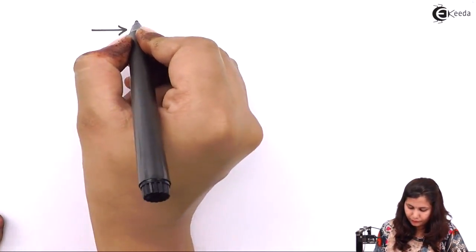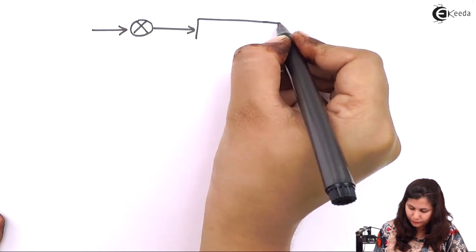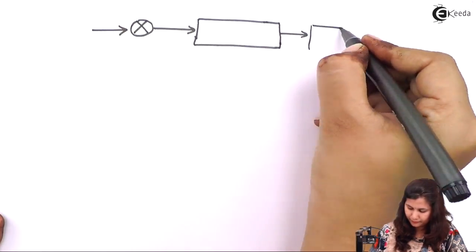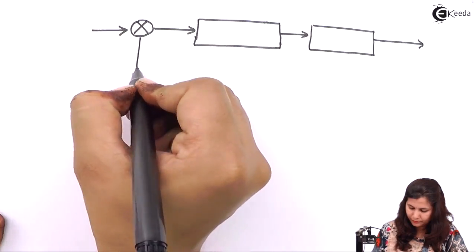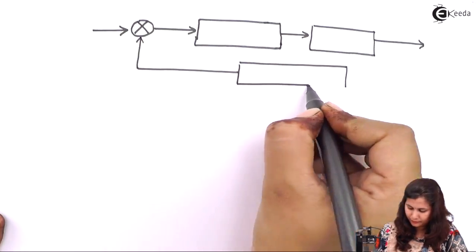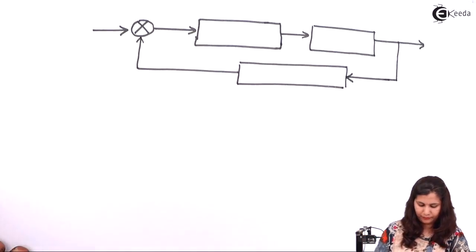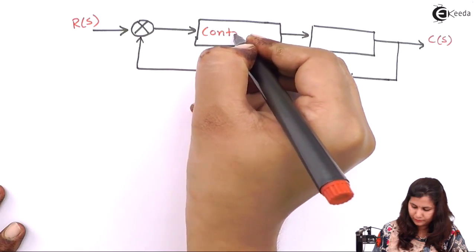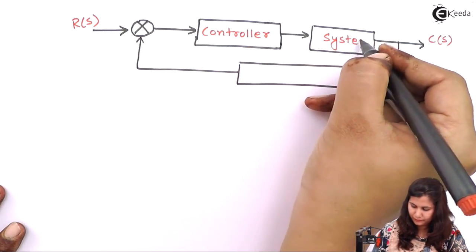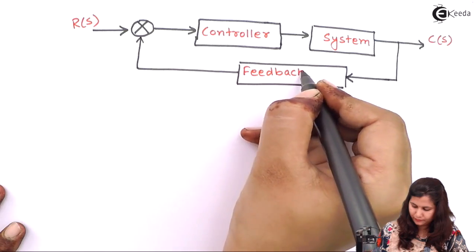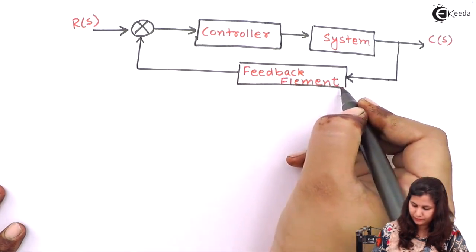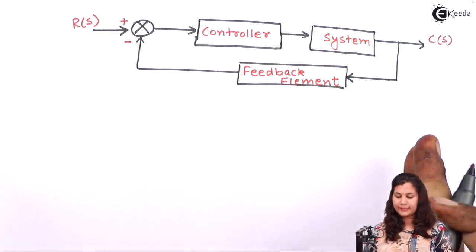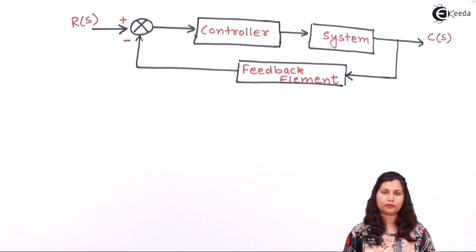We will draw the block diagram for a closed loop control system. This is the representation of a closed loop control system.